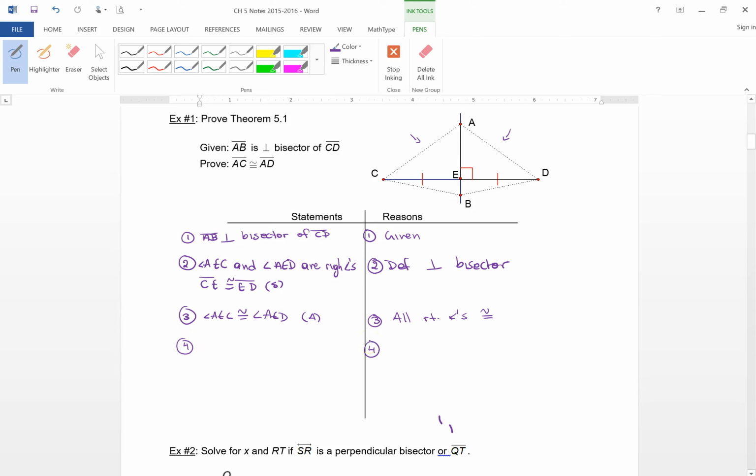All right, what else do I need? A side, which side? AE, congruent to? SAS congruence. Oh, sorry, I'm skipping ahead.